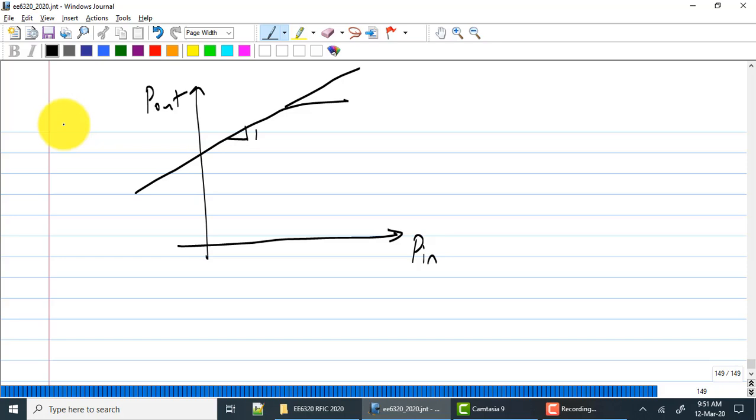Now you might see something like this, by the way. I'll show it in something like this. Maybe I don't know if you folks are seeing this. Some of you may be seeing curves like this. You may not be seeing, so this is, let us say 3 by 3, slope of 3.